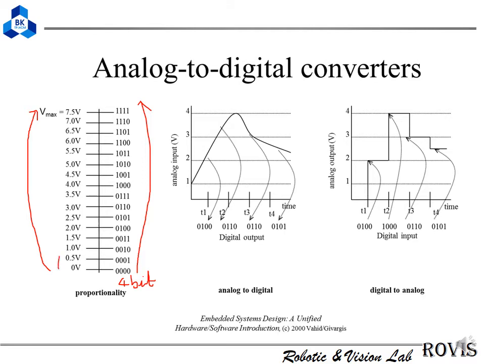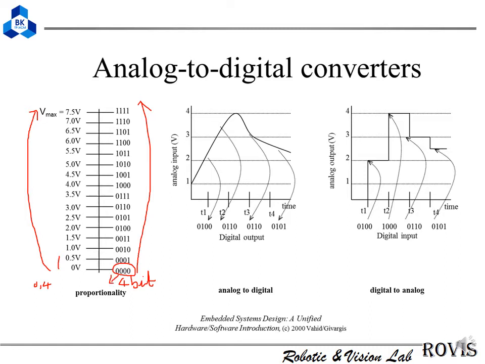For example, if the voltage drops to 0.4 volts, the digital signal will be 000.